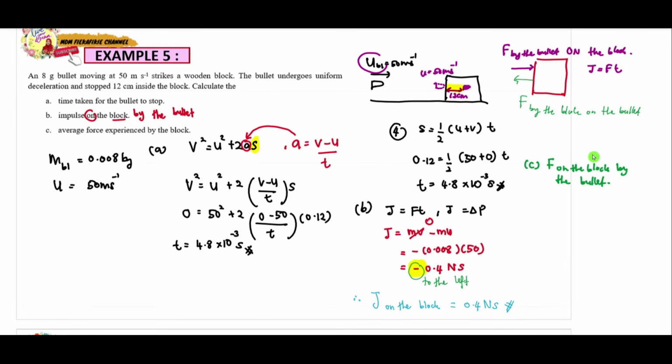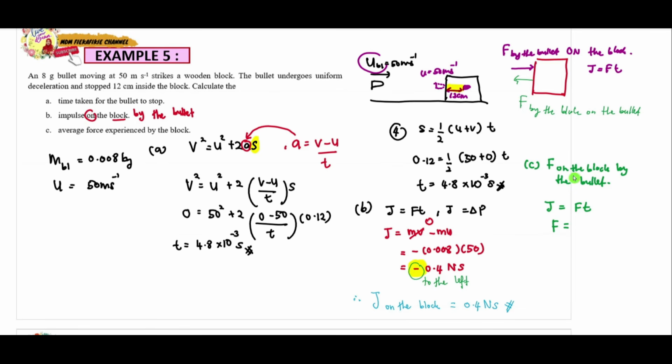Kita nak kira berapa force yang dirasai oleh block tersebut. That means force on the block by the bullet. So we can use equation J equal to Ft. Since T kita dah kira tadi, so F kita boleh dapat.